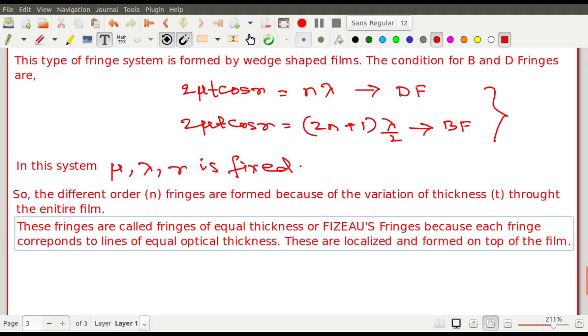So you see that these fringes are called fringes of equal thickness. Why do we call them that? Because each fringe, a particular fringe, corresponds to a particular thickness.